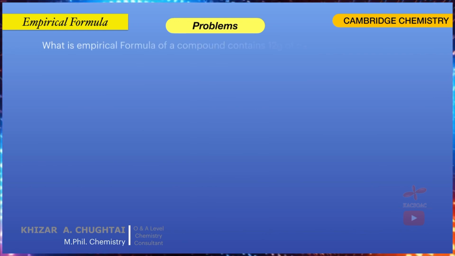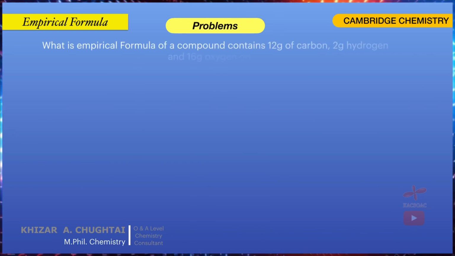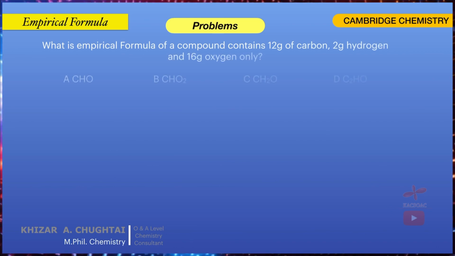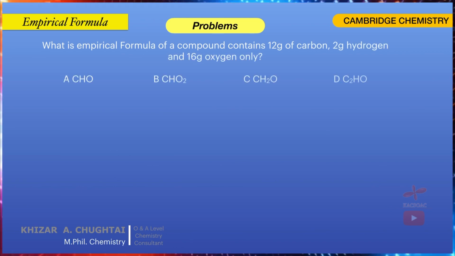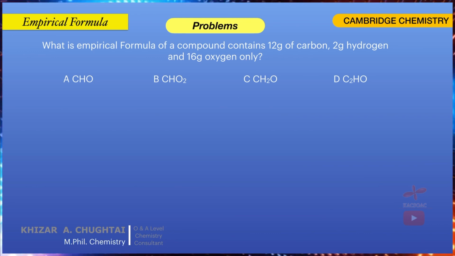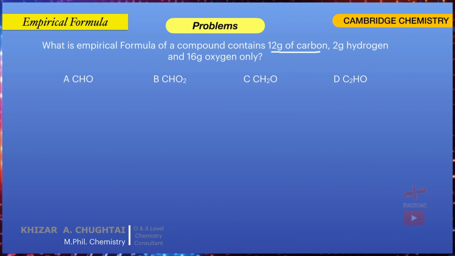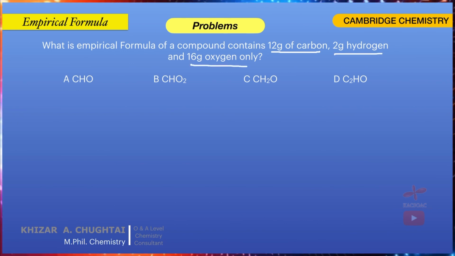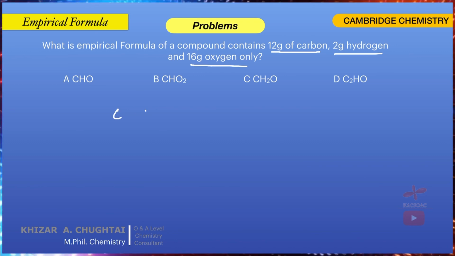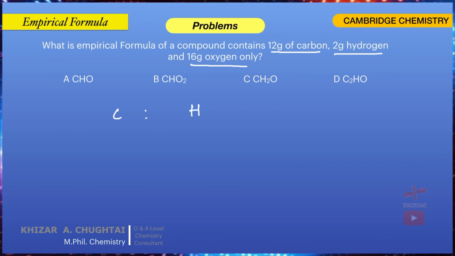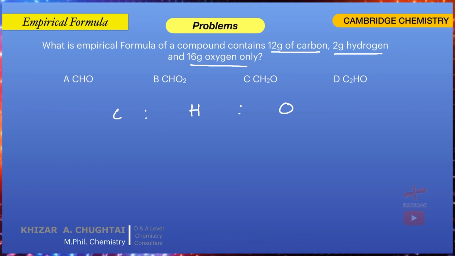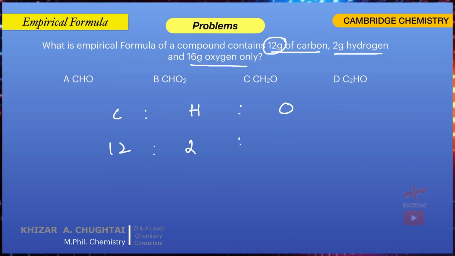The next question: what is the empirical formula of a compound containing 12 gram carbon, 2 gram hydrogen and 16 gram oxygen only? Carbon versus hydrogen versus oxygen, the given masses are 12, 2 and 16 gram.